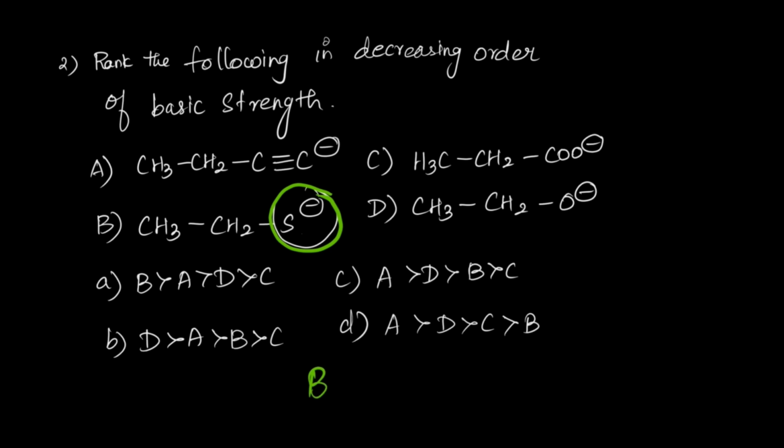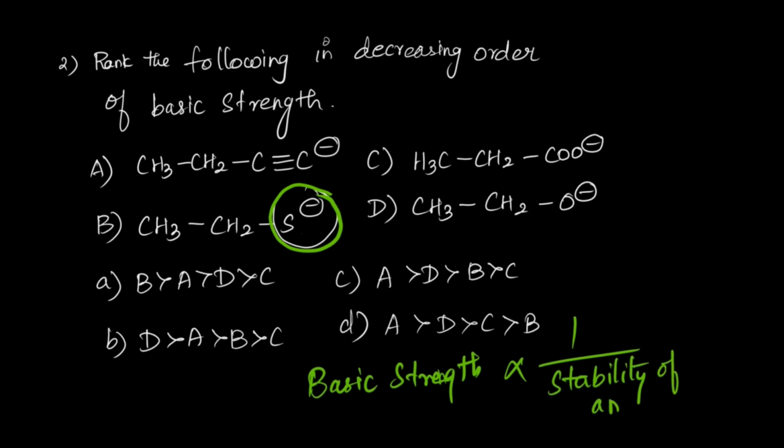Okay, so the basic strength, we already saw this in our one shot of inorganic and organic also. The basic strength is inversely proportional to stability of anion, right? And inversely proportional to dispersion of negative charge. What is meant by dispersion of negative charge?